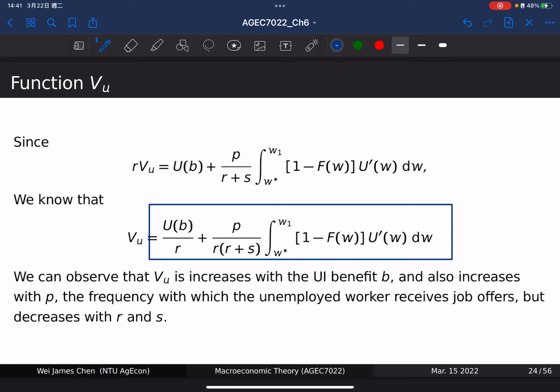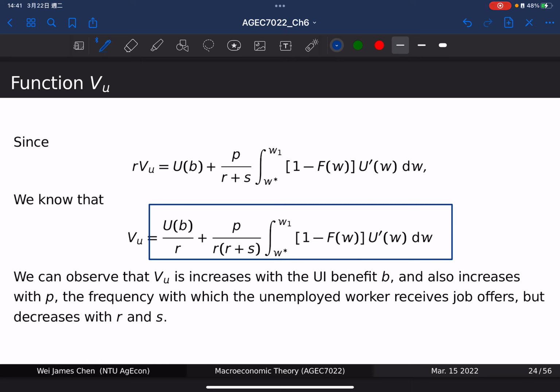And more importantly, since we have the function form of VU right now, we can go back and determine the reservation wage, because VU or R times VU, this whole thing, is decreasing with W star, but this is increasing with W star.